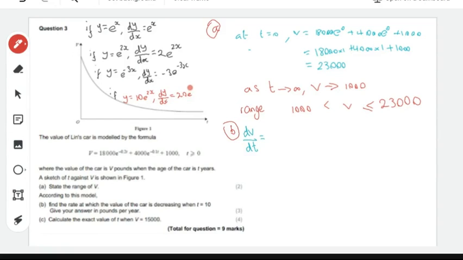So 20e to the 2x. Whenever you see decreasing, increasing, rate of change, that's always derivatives, right? It's the rate aspect that gives away differentiation.